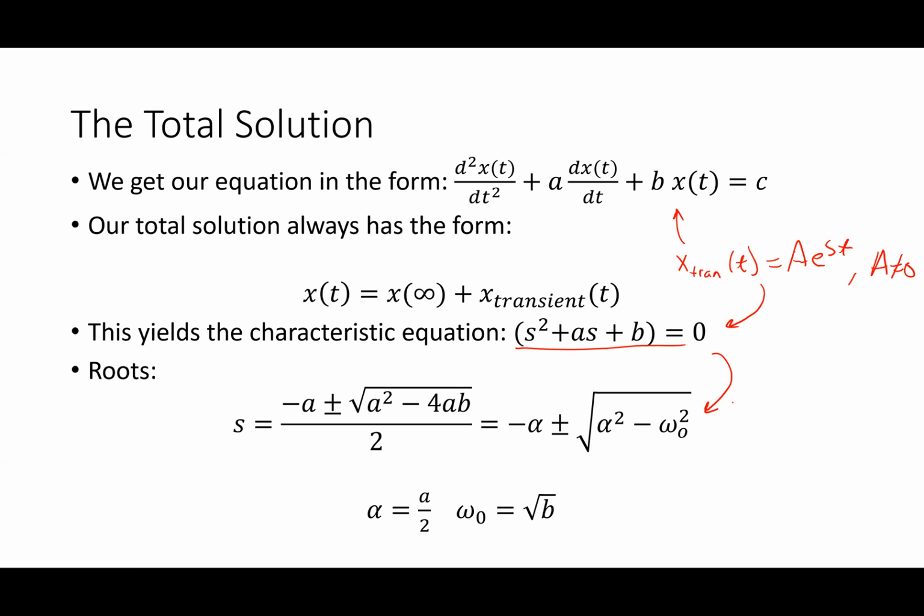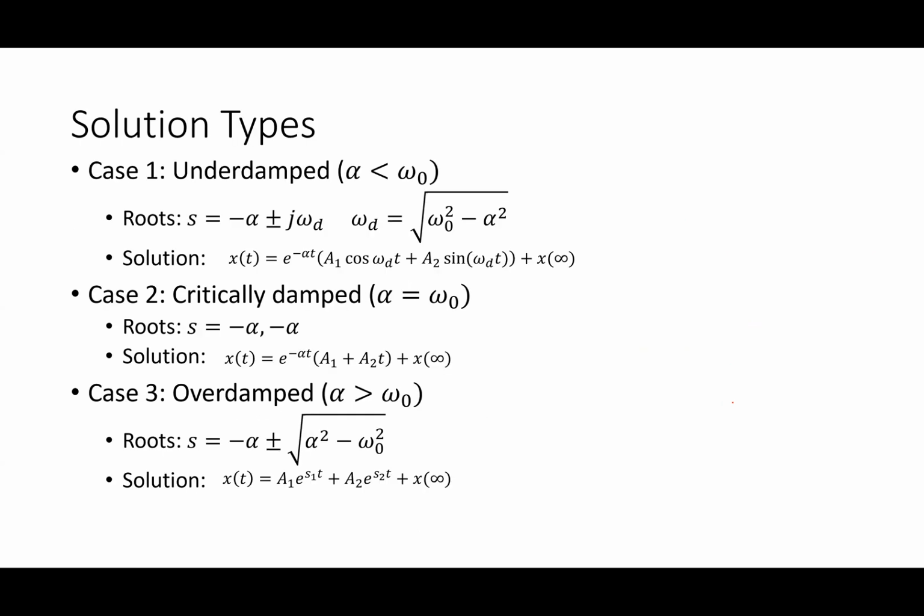But if it's anything that is not positive, if it's negative or 0, I have some weird situations, particularly if it's negative. What does that mean? Square root of a negative number is imaginary. All right. And if it becomes imaginary, the key thing defining that for us is this alpha and omega naught. And so we define some conditions and we define our solutions based on those.